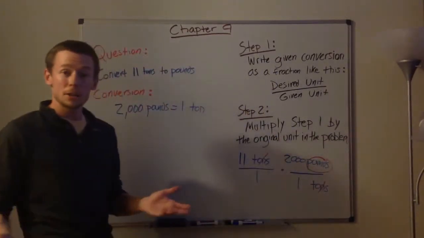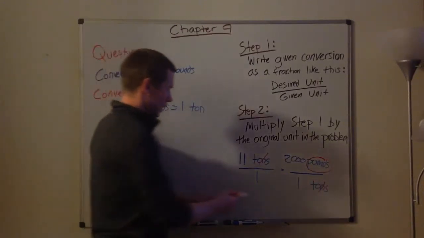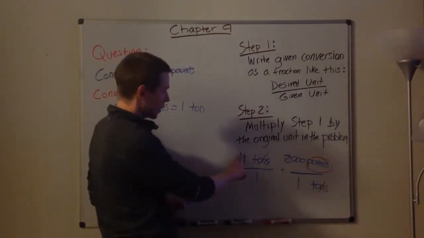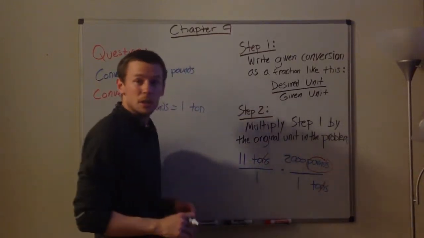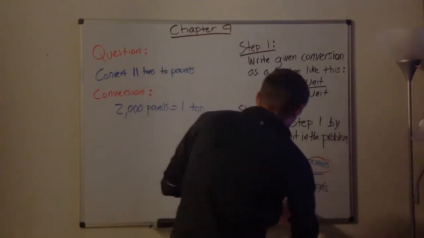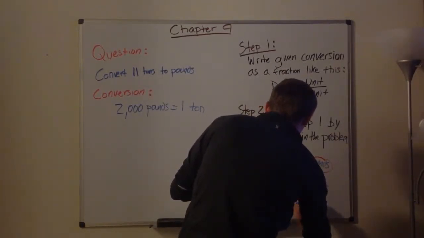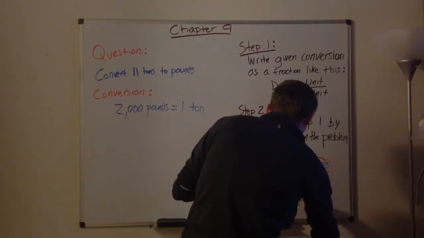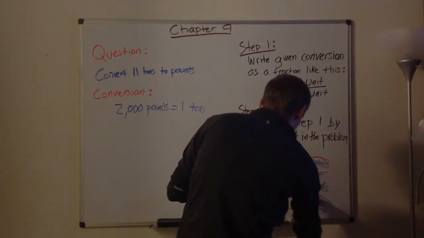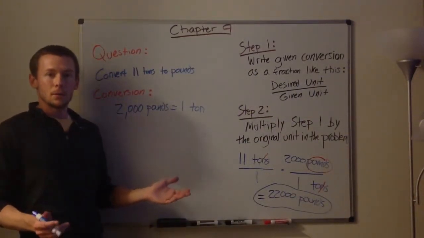The tons will cross-cancel. You'll be left with only pounds. Multiply across. 11 times 2,000 is going to be 22,000. 1 times 1 is 1. So our answer is 22,000 pounds.